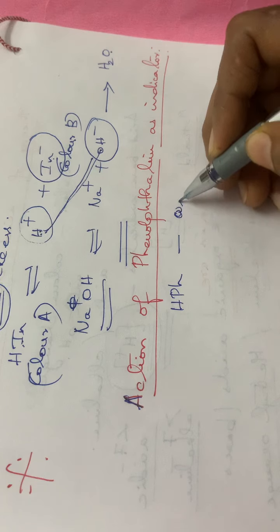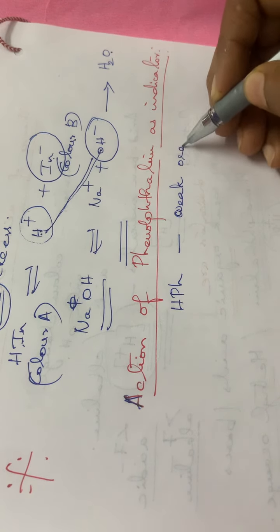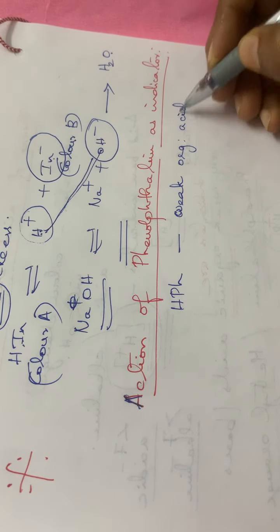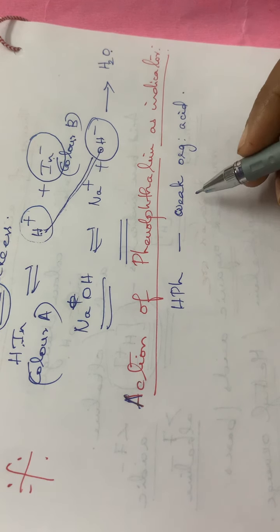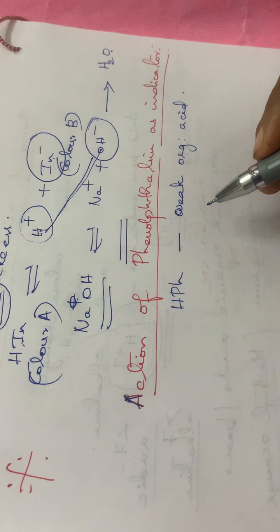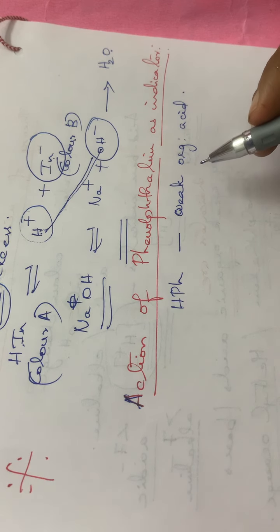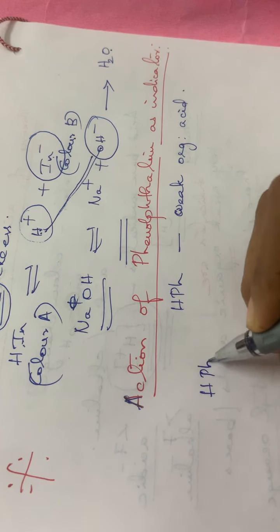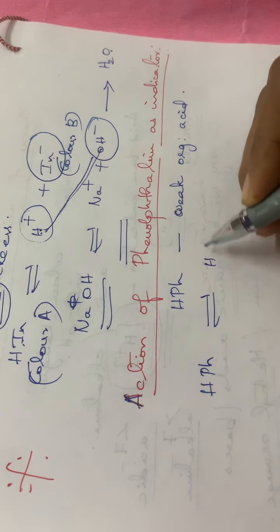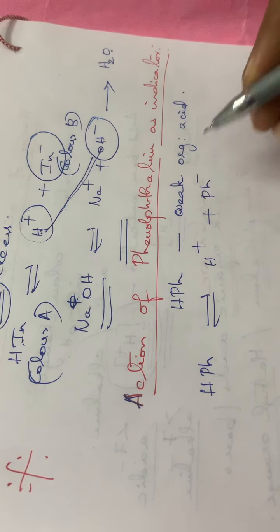It is a weak organic acid. Weak organic acid means it will be partially ionized, isn't it? That is the definition for a weak acid. So this HPH will be ionizing as H plus and PH minus.